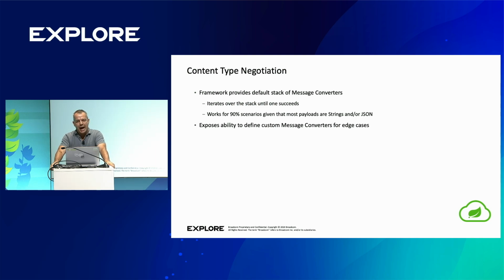We have a stack of about five converters. The way the type conversion works, we look at information like the content type and other information you provide, and basically ping this converter, that converter, and go through the stack until we either convert or can't convert.